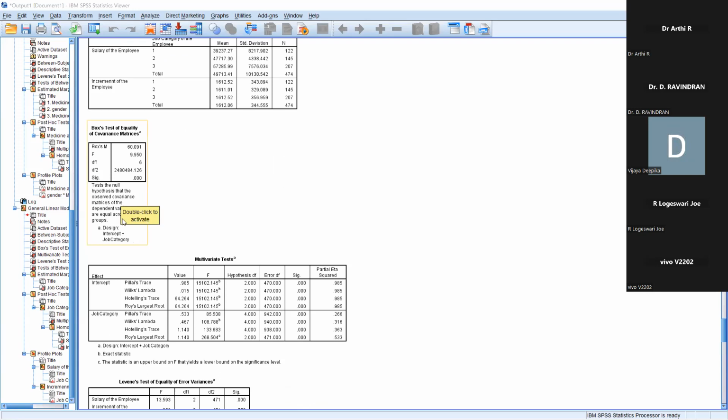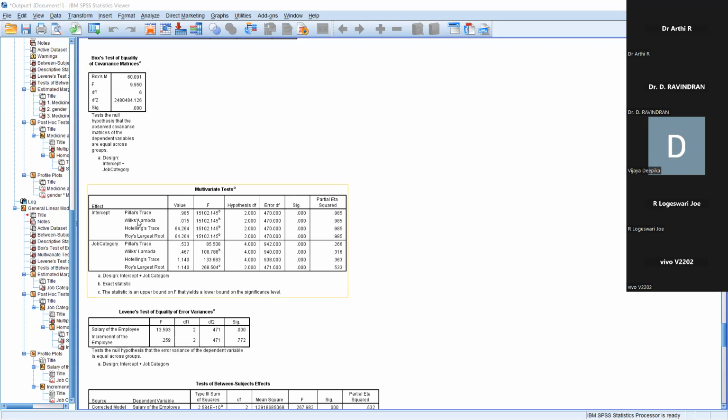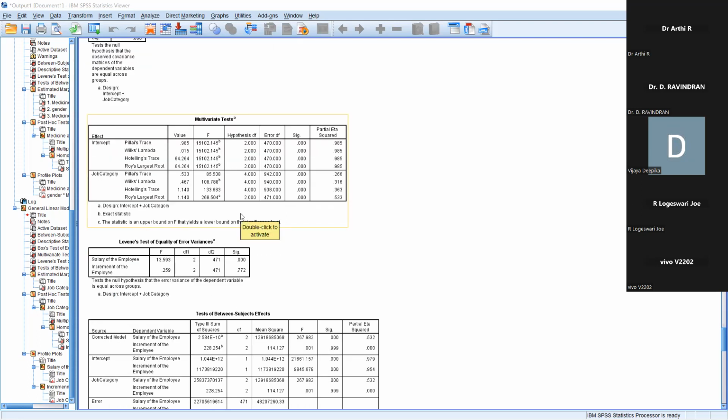So to find out whether the covariances of the dependent variables are equal across groups. When the p-value is significant, it means it is not equal. Then coming to the multivariate test, you should look at the Wilks' lambda value.